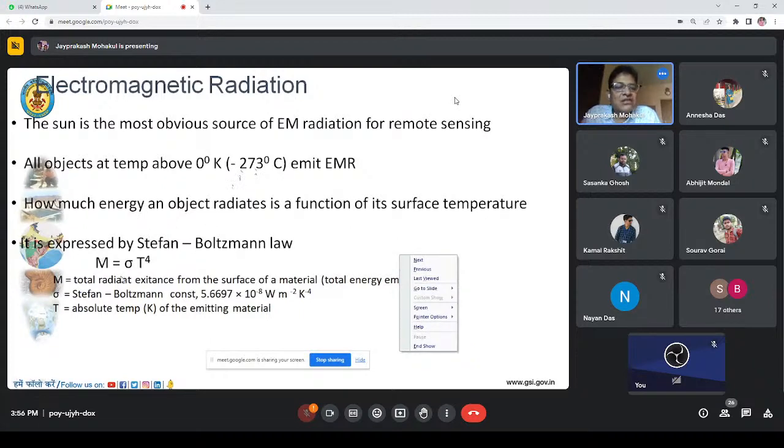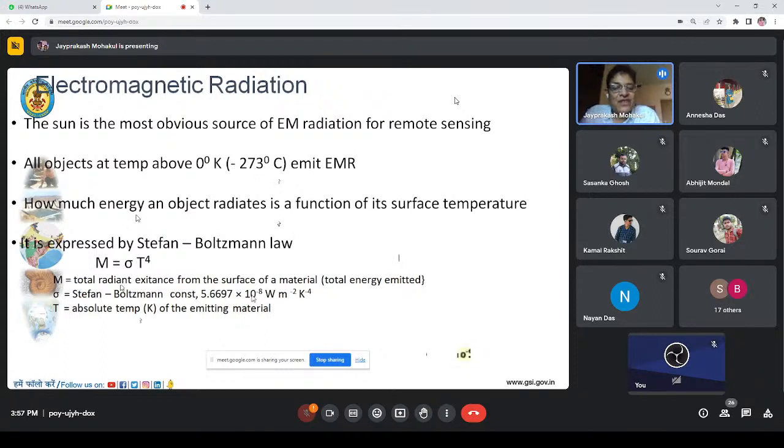And this Stefan-Boltzmann law says how much energy, the total radiant exitance from the surface of a material. That is, total energy emitted is equal to this constant times temperature in Kelvin to the power 4.